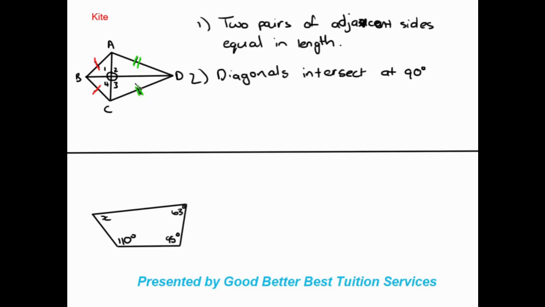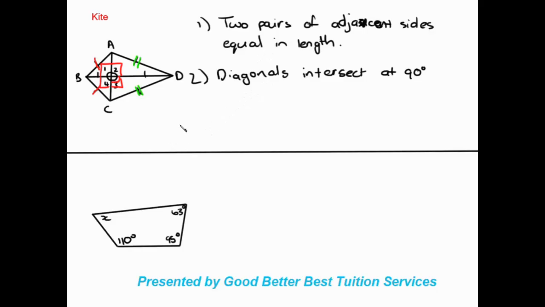If they bisected each other, then this side would be equal to this side, okay? So the only thing that we can say is diagonals intersect at 90 degrees. Which means that these are 90 degrees that are formed over here, okay? Cool. So these are the two properties of our kite.